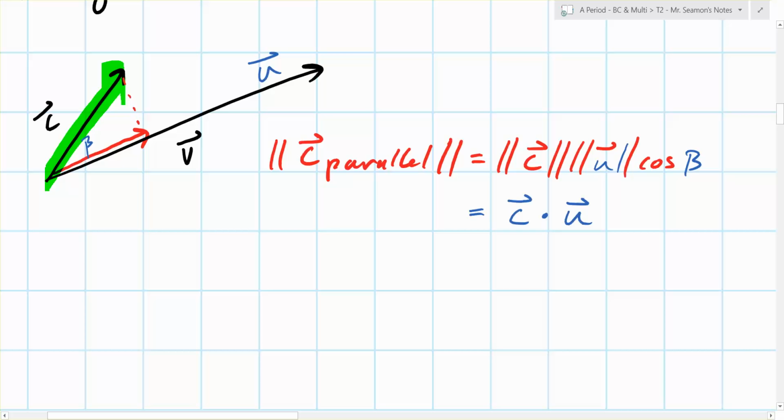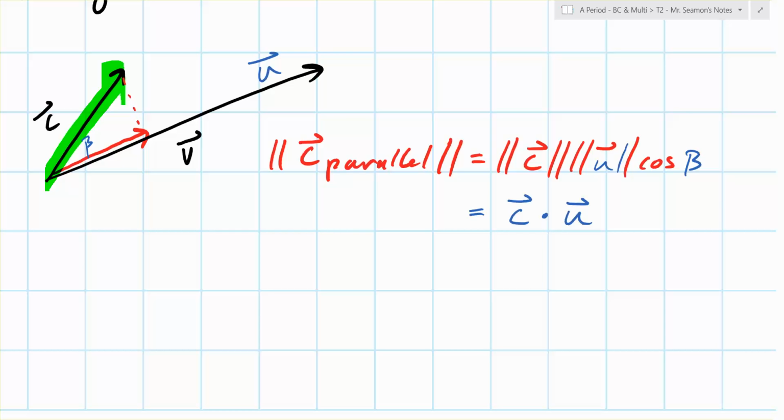You can't just dot it with V, because the magnitude doesn't change the component. If V was 1 billion miles per hour, it doesn't change the component of C in the V direction. You need to make sure that's a unit vector.